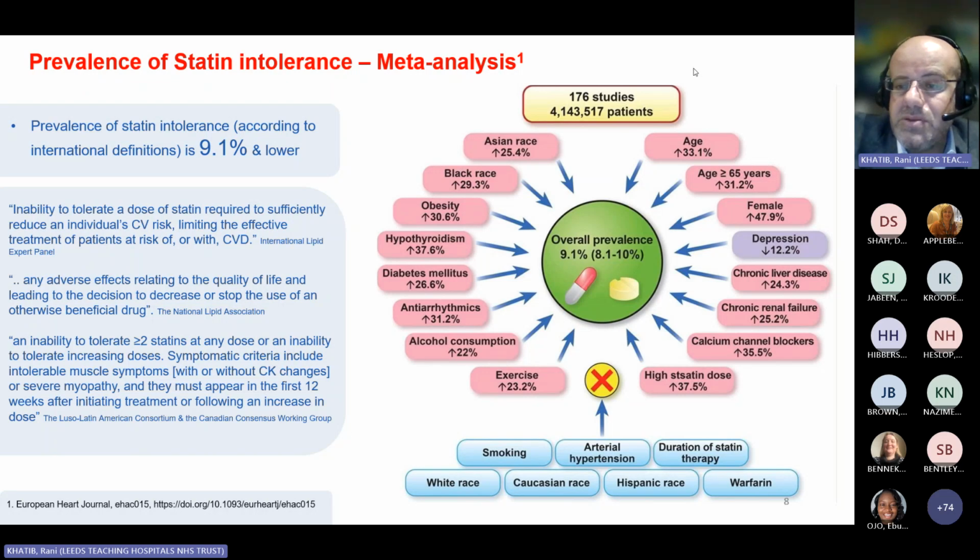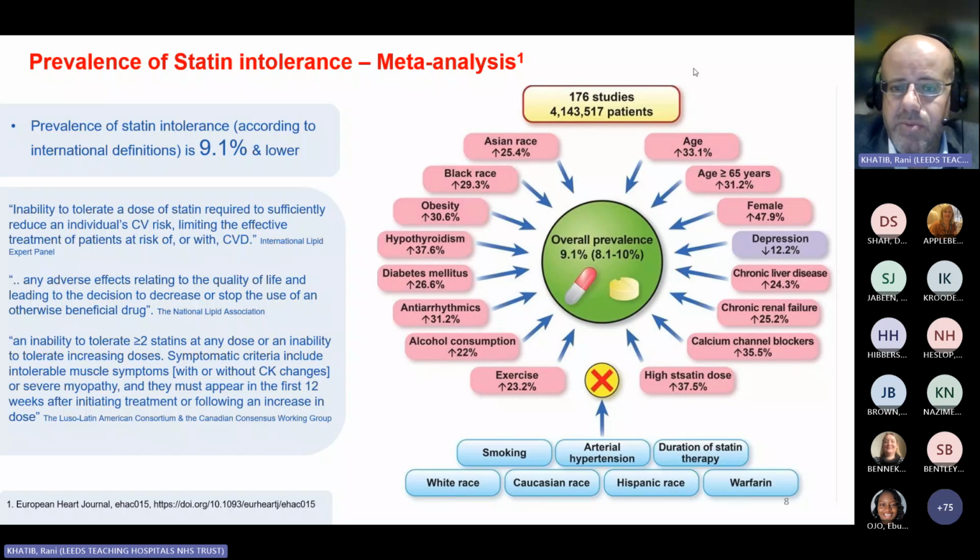And of course, this seems to be higher in specific populations. So for example, certain behaviors, such as people who have high alcohol consumption, would report more. People who take high dose intensity statins are more likely to report it than those on low intensity statins or lower doses.